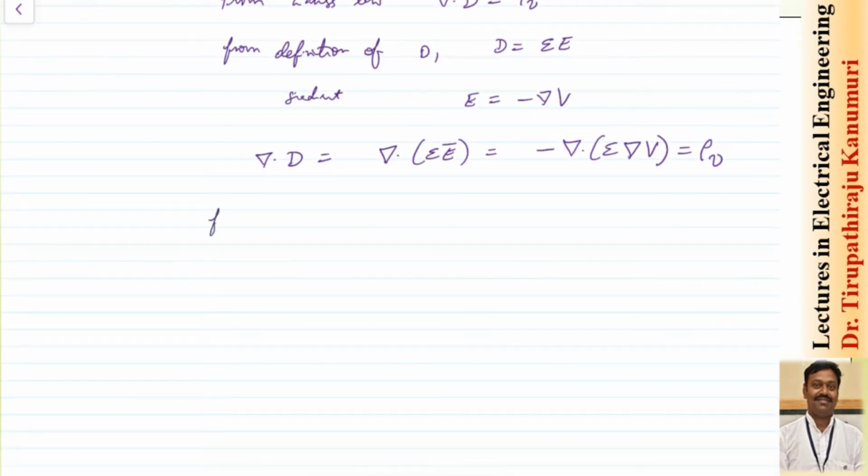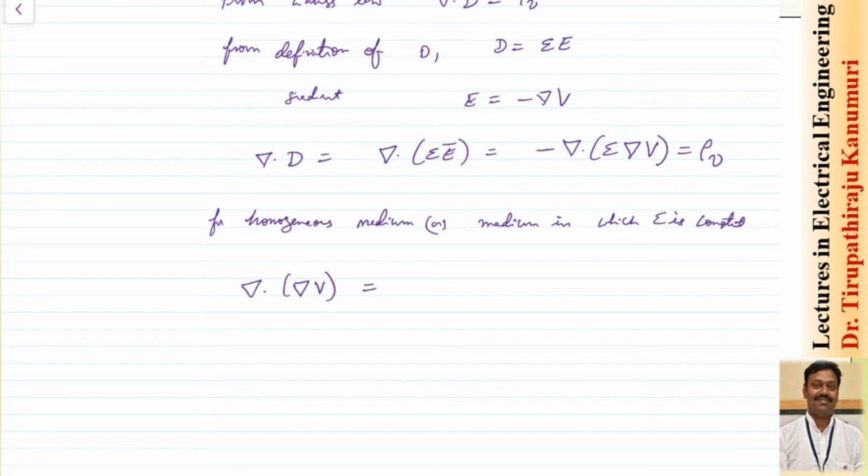For a homogeneous medium, or a medium in which the value of epsilon is constant, epsilon can be taken out, so the divergence of gradient of V becomes minus rho V divided by epsilon.